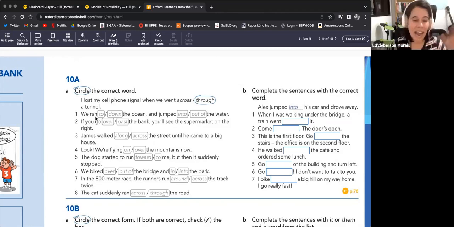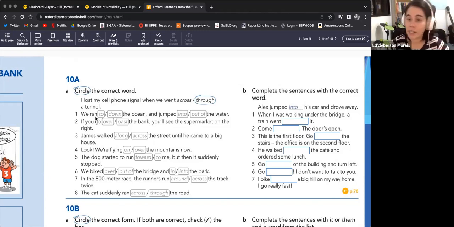We use down when you are getting down, okay? Quando você está descendo mesmo, sabe? Nesse caso aqui correu para o oceano, ok? Para o mar. Então we ran to, ok? Para o oceano. Não down. Down a gente usa quando a gente tipo desce escada, ok?